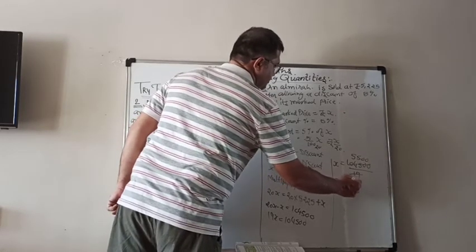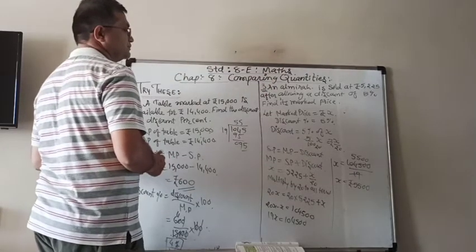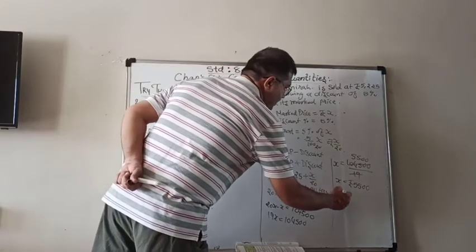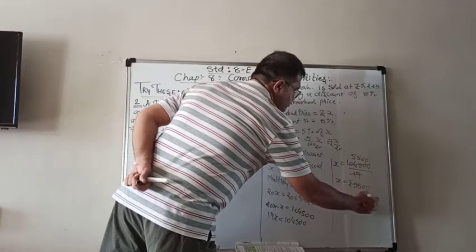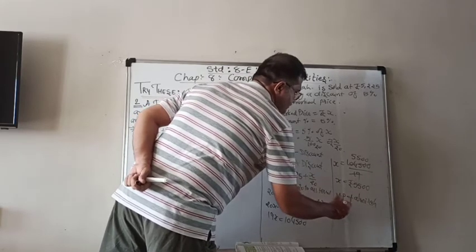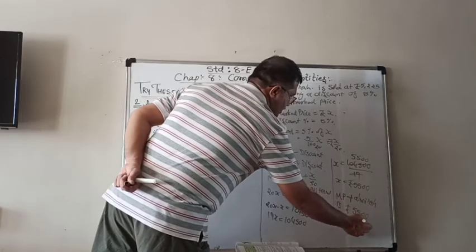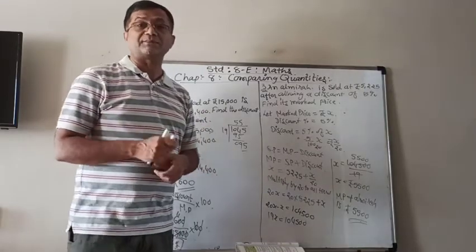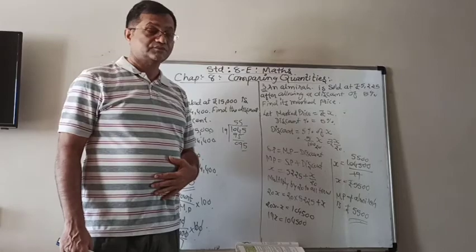So x is equal to rupees 5,500. So the marked price of the almirah is rupees 5,500. So here we had to find the marked price, so it is totally different.